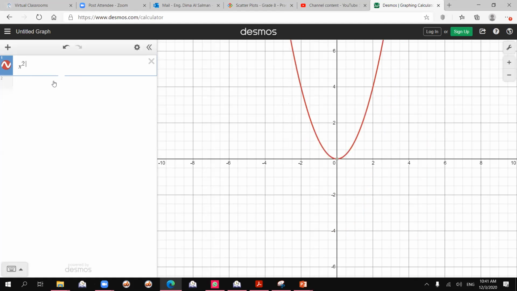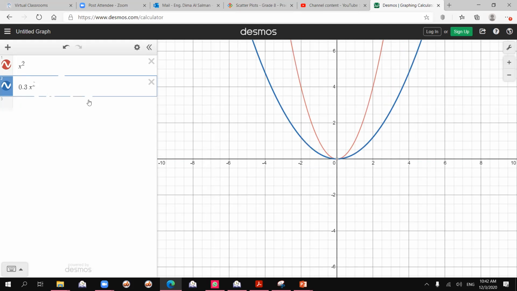Let's have now 3x squared. It makes it narrower. But if you have 0.5, look at it here, it will be wider than x squared. This is x squared. Okay, let's draw now 0.3 x squared.